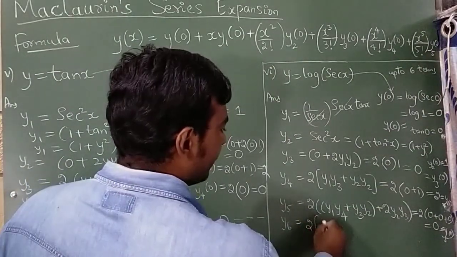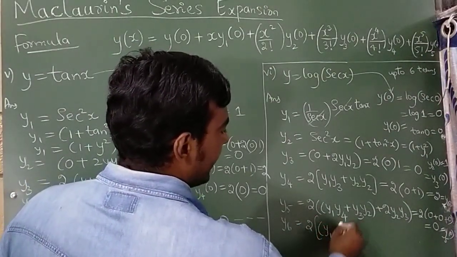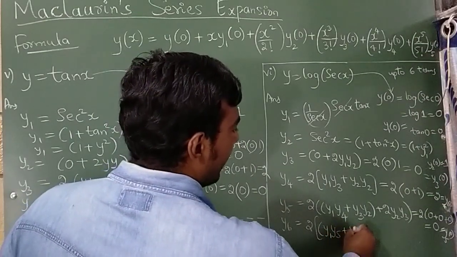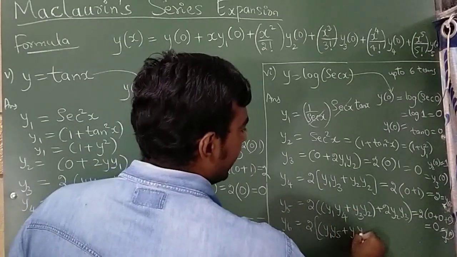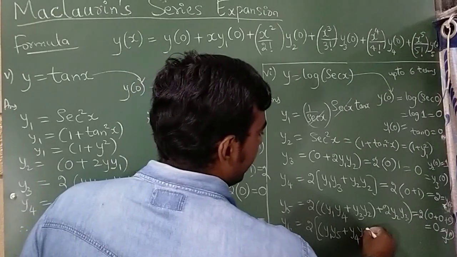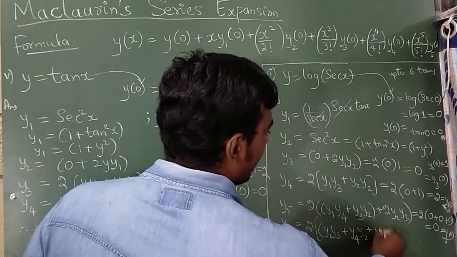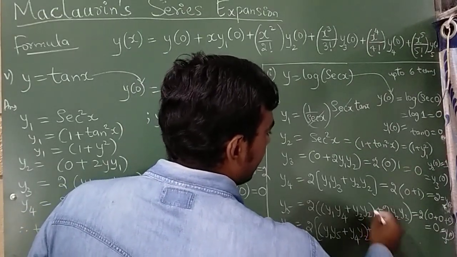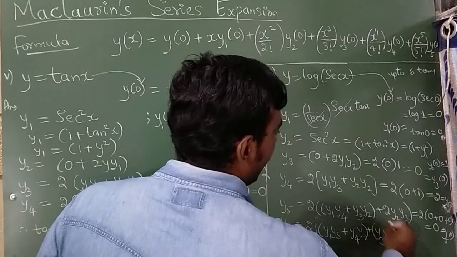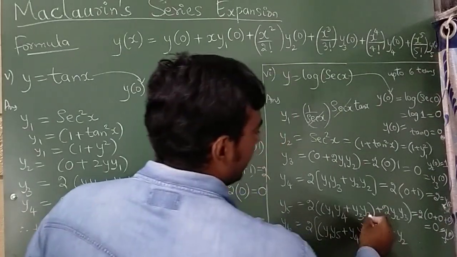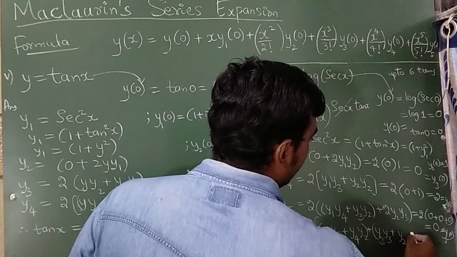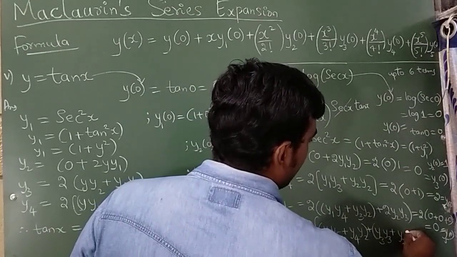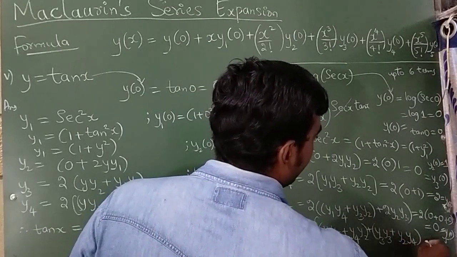So 2, keep y1 as it is, y4 will become y5, plus y4, this will become y2, and plus y3, y2 will become y3, plus y2, y3 will become y4. Fine.